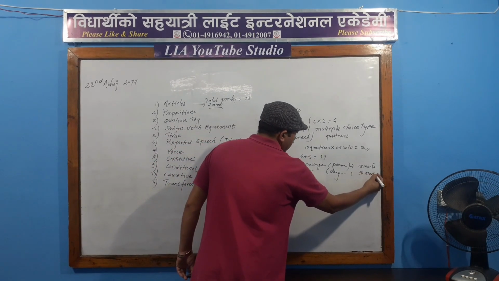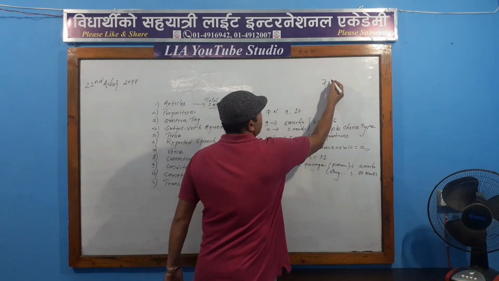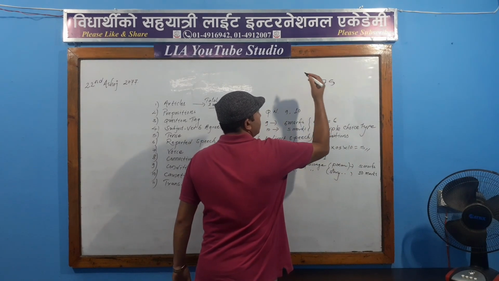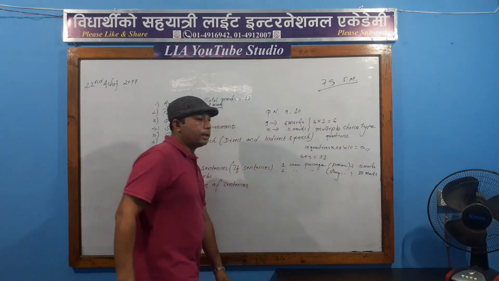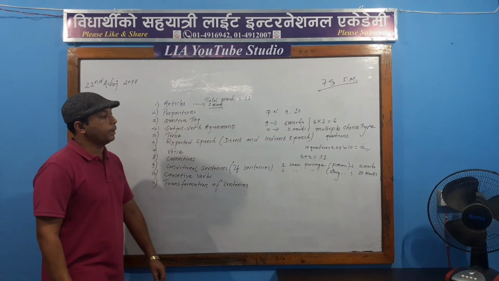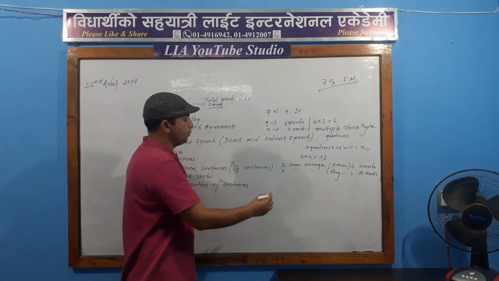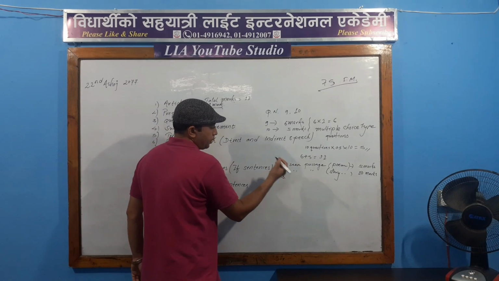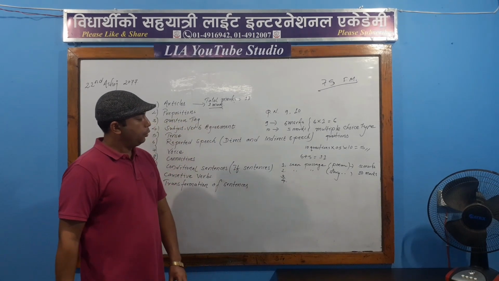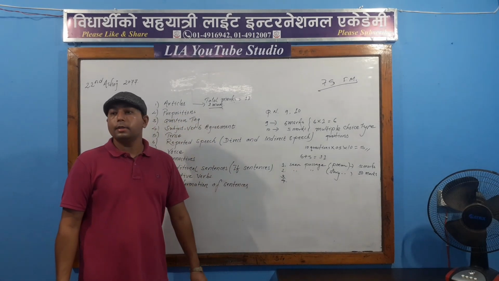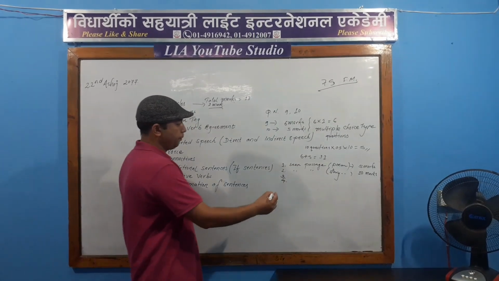So altogether there should be 15 marks, we have covered. And then question number 3 and question number 4 will be from unseen passages.